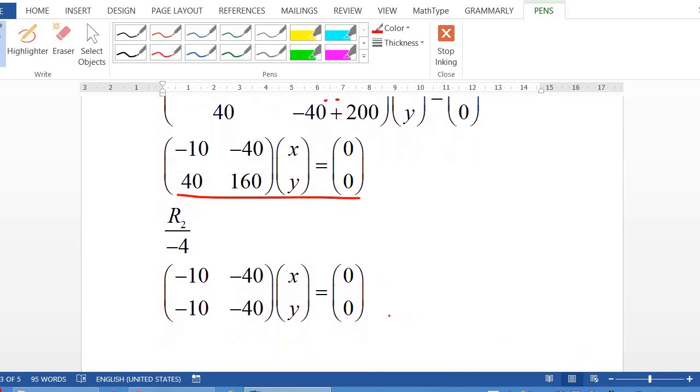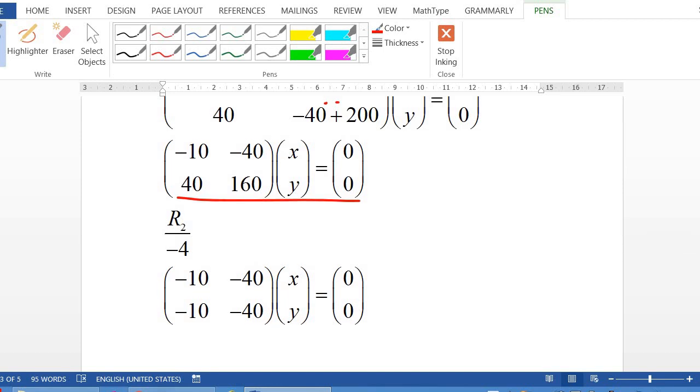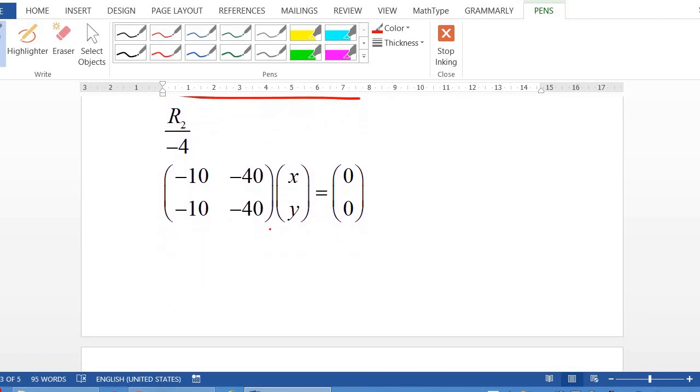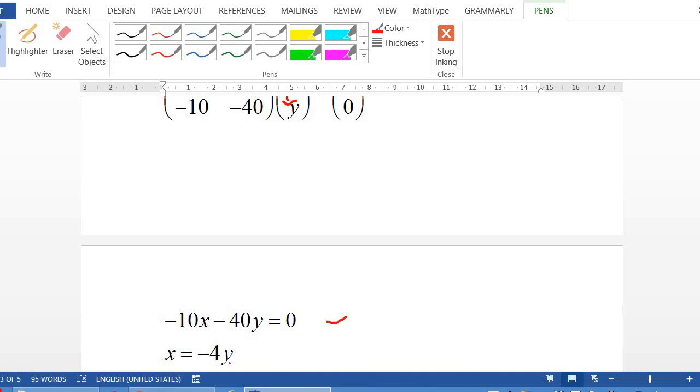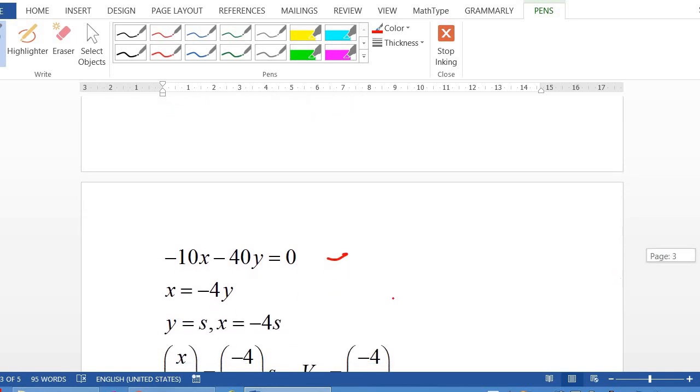So now it proves that both equations are equivalent, which means you have two unknowns to be solved, however the system reduces to only one equation, which is negative 10x minus 40y equal to 0, or x equal to negative 4y.